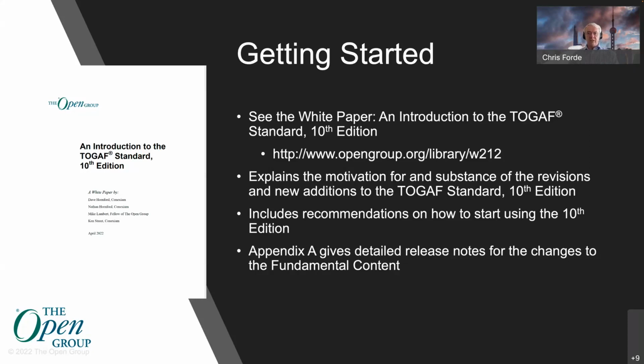They're really interested in the outputs of architecture activities for the purpose of guiding their decision-making and governing the changes of transformations. So the content of the white paper explains the motivation for and substance of the revisions in the 10th edition and includes recommendations on how to start using the 10th edition. The appendix for this white paper also gives detailed release notes on changes to the fundamental content.